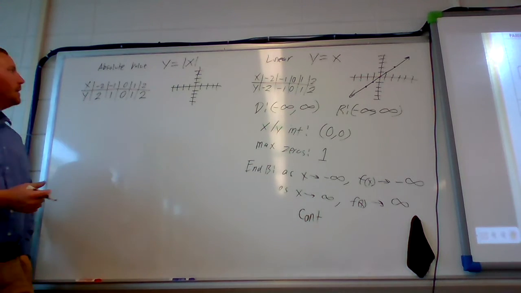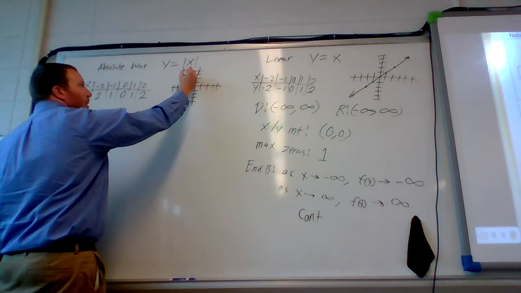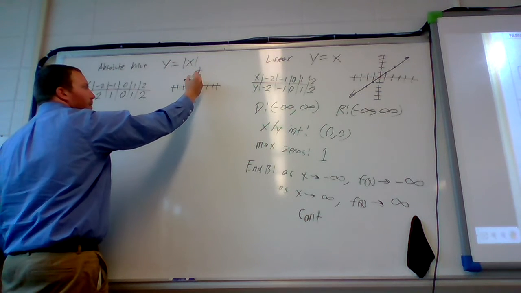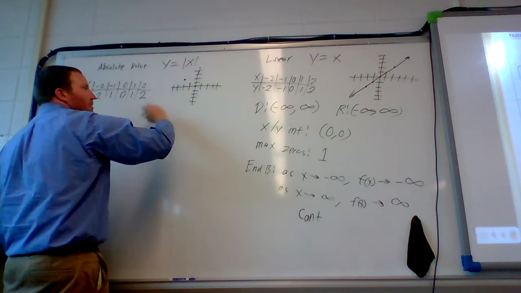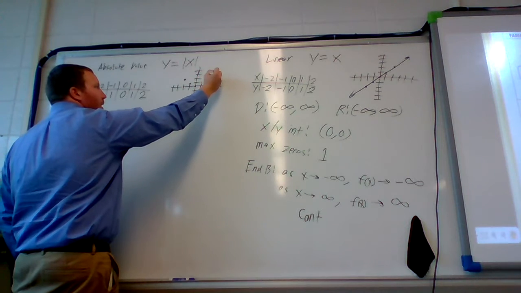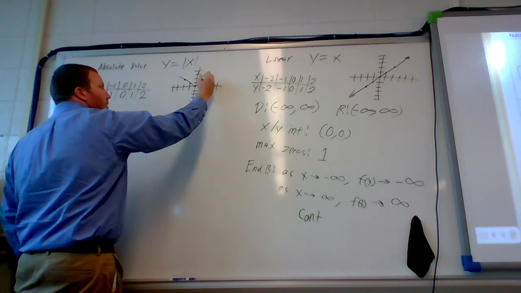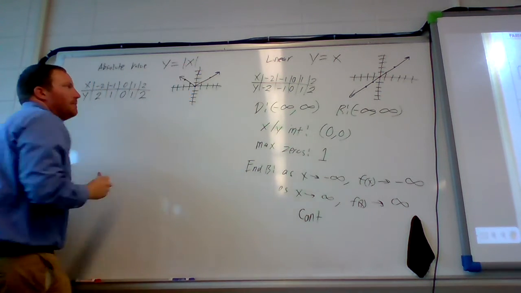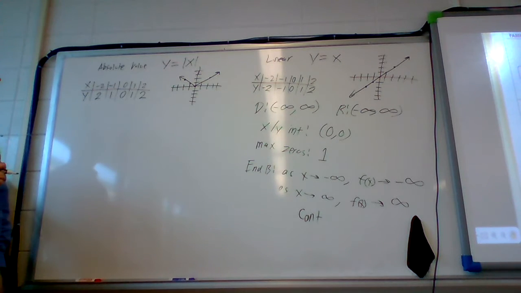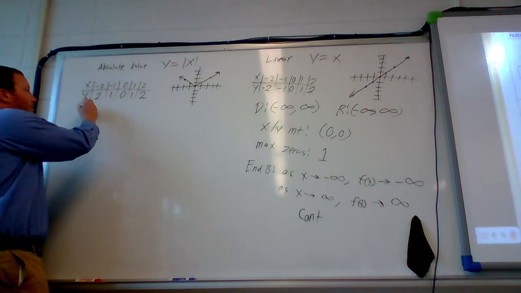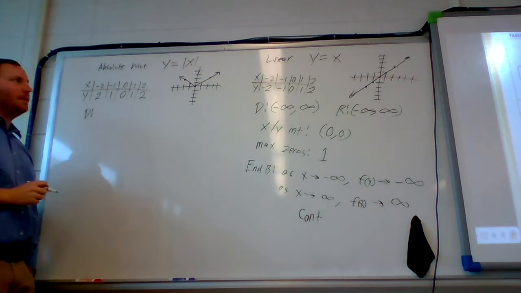So then, if we graph these at -2, I'm at +2 on the y, -1, I'm at +1. 0, 0, 1, 1, and 2, 2. So we have this V shape. Our domain is going to be what?